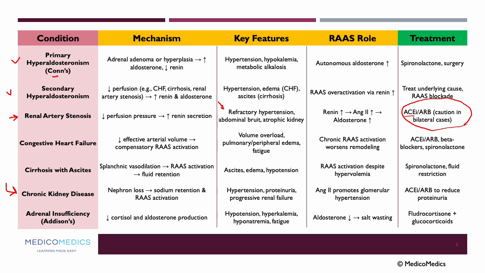Now, this will stimulate chronic RAAS activation, again elevating angiotensin II levels, causing the afferent arterioles to vasoconstrict and glomerular hypertension, all contributing to proteinuria and further damage. And this is mitigated typically by ACE inhibitors or ARBs that reduce intraglomerular pressure and slow the progression.